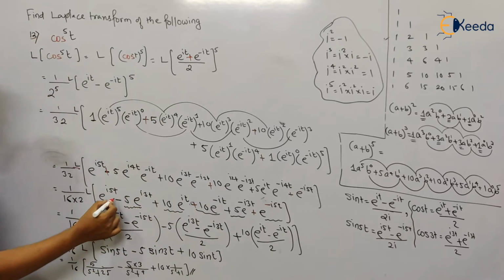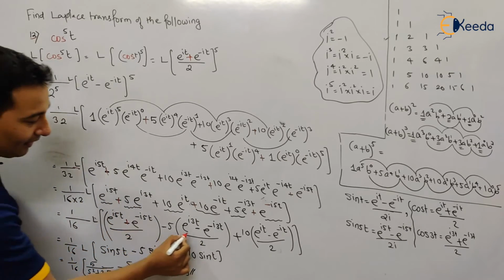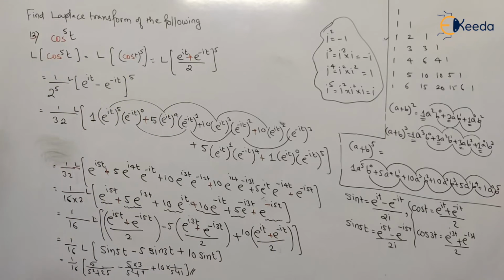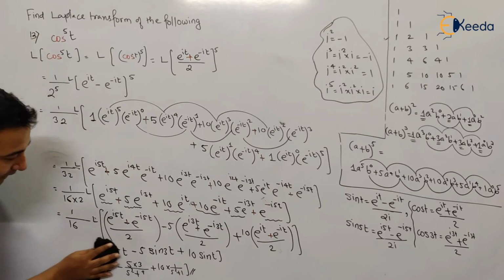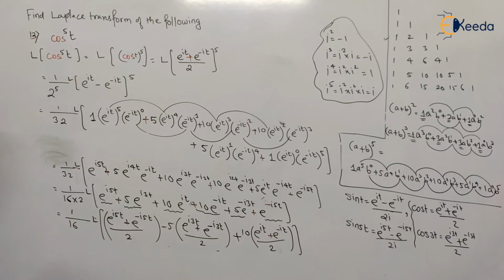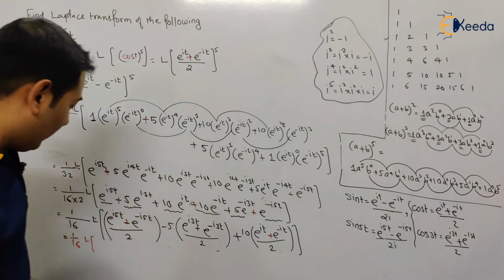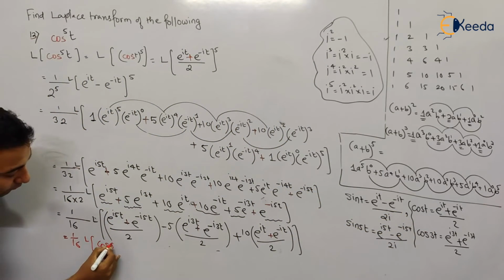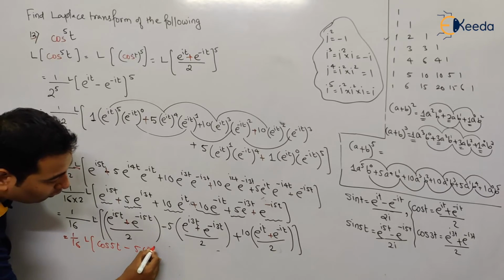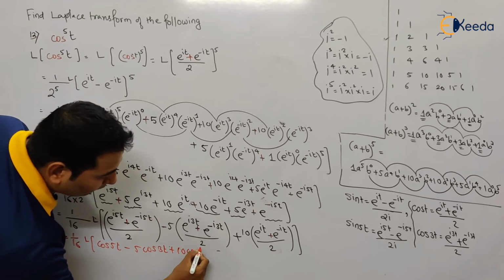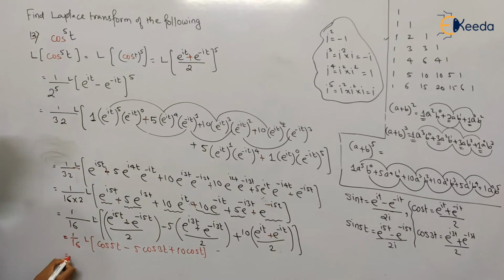See here, once you understood the technique, you can easily manage the second problem also. Is this clear? Now the second last step we need to solve. So here it will be 1 upon 16 Laplace of, now this time it will become cos 5t minus 5 cos 3t plus 10 cos t, which is equal to, let us find it out, Laplace.